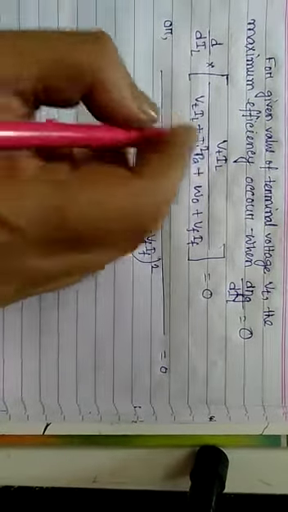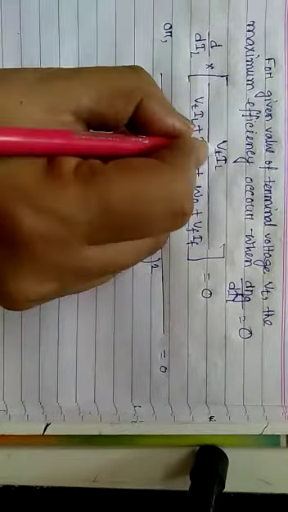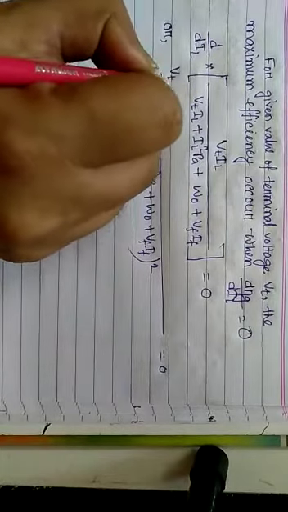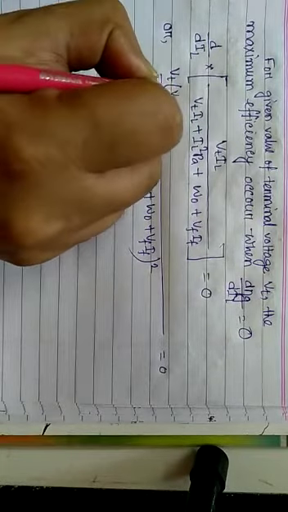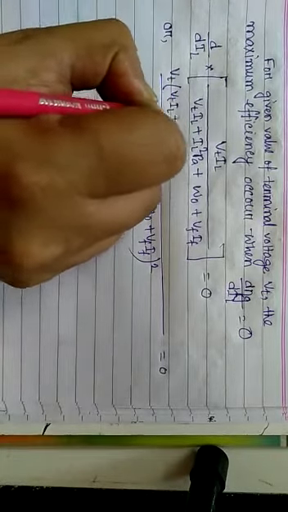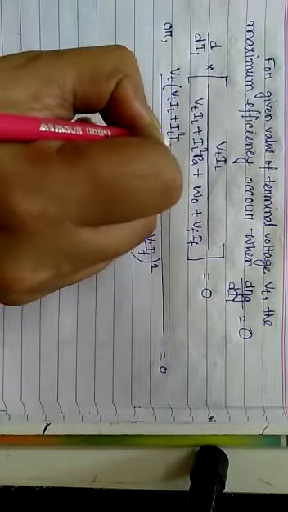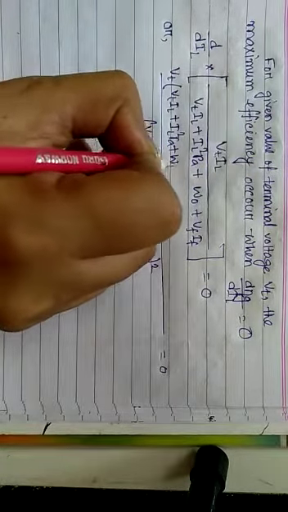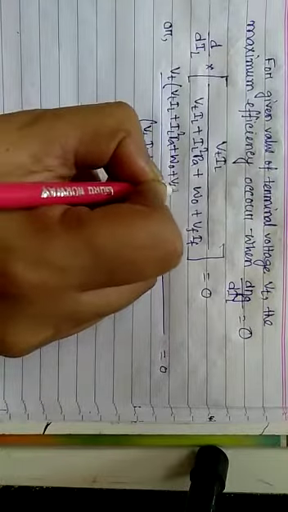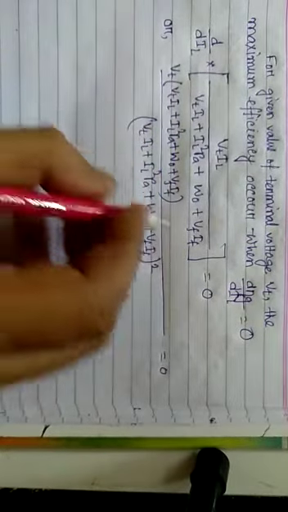Now, first term derivative, second term unchanged. That is Vt into the second term unchanged, that is Vt IL plus IL square Ra plus W0 plus Vf If.